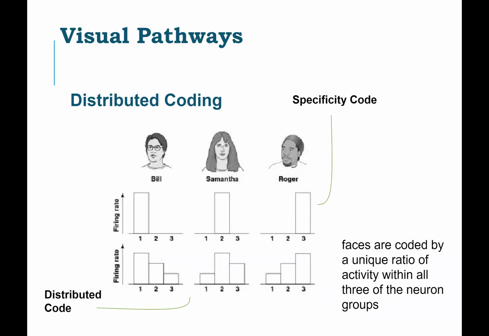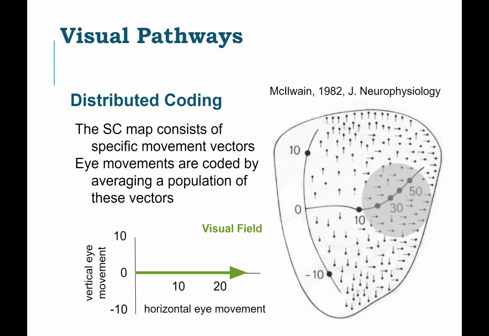We saw examples of distributed coding in a few different lectures. And the idea is the same: if I want to code a movement, I can't just rely on a single cell, right? There has to be a population that is coding for that. And in this case, this is also using distributed code.